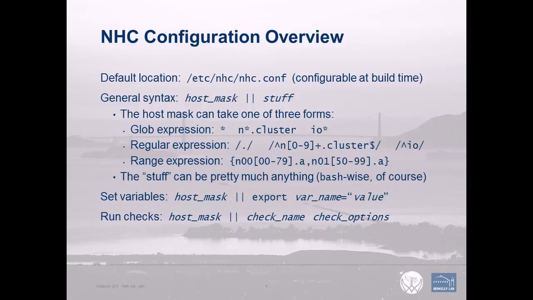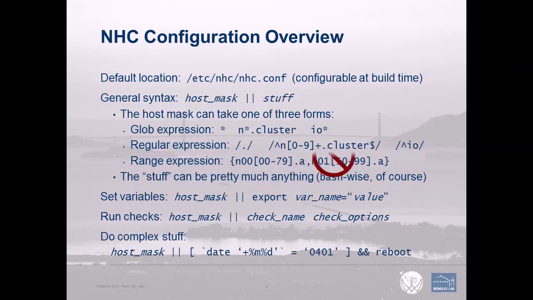They work very well, so we encourage people, if you're going to write checks of your own, that you do it that way, but you don't have to. And since it's fairly arbitrary bash, you can put complicated stuff with booleans and expressions and things that happen on certain dates in April. But you probably shouldn't do that. But you can.